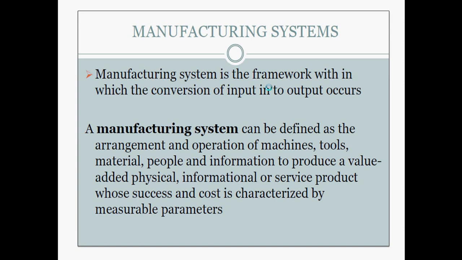This leads to the success of your manufacturing system. Here we require the operation of machines, tools, materials, and people to convert products that way. That is called a manufacturing system.